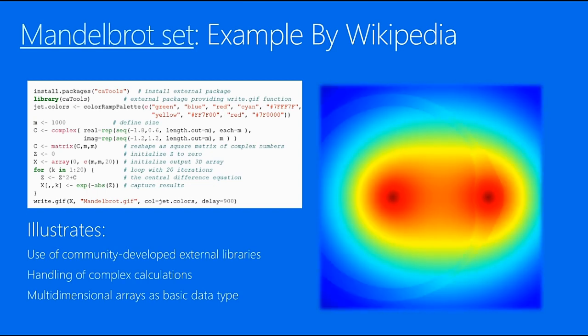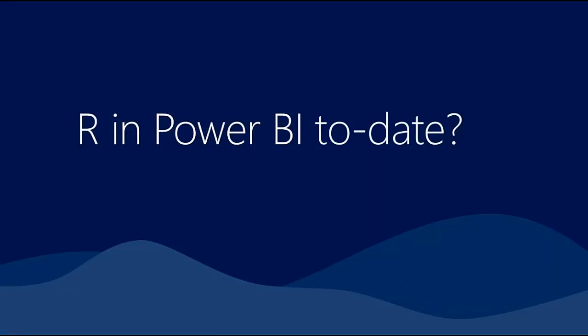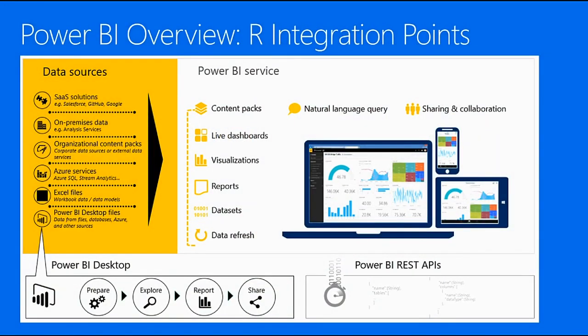So that's just a taste from the scientific community, and we will jump quickly to R in Power BI. It's already 2 p.m., so I'm sure you already heard a lot of Power BI so far. I'm sure you're already familiar with the basic architecture of Power BI, and I want to show you how we plug into that architecture.